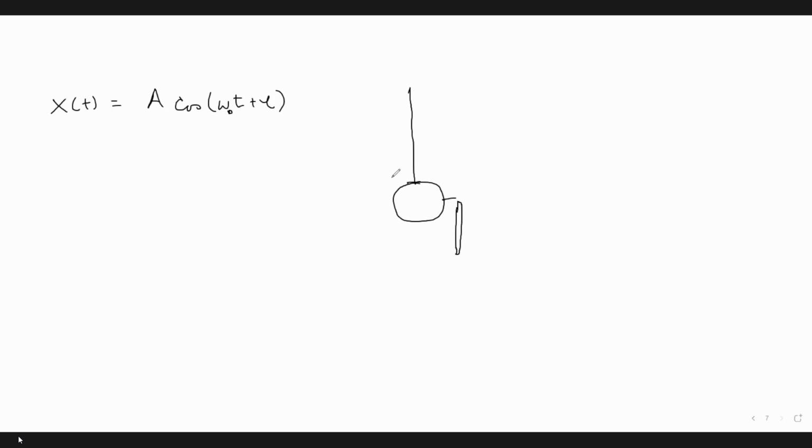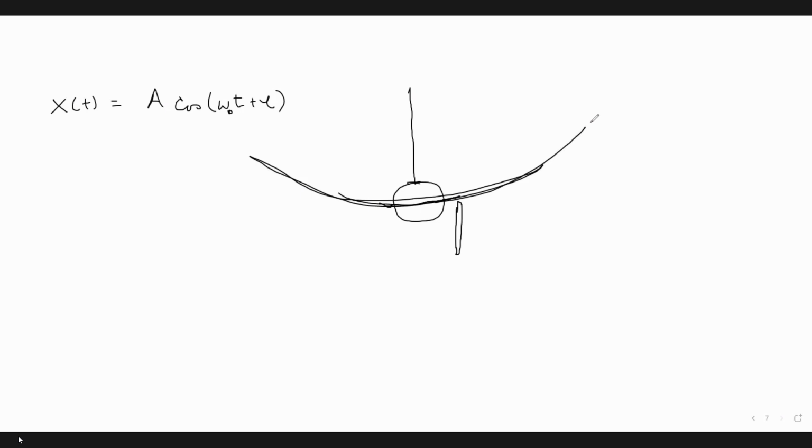And I hit it. It'll move a tiny bit. But if I hit it again at the right time, it'll move a little bit more. Eventually, I can make this bowling ball swing just by tapping it with that newspaper.